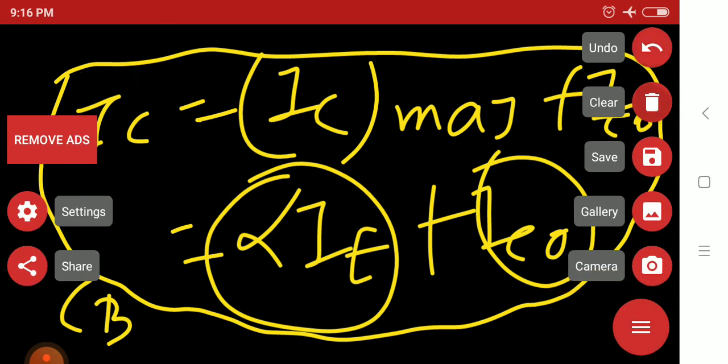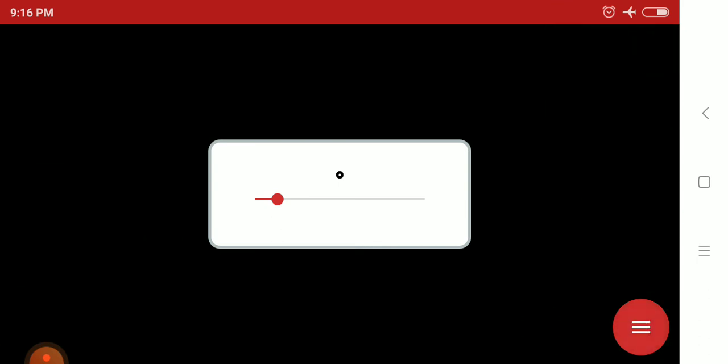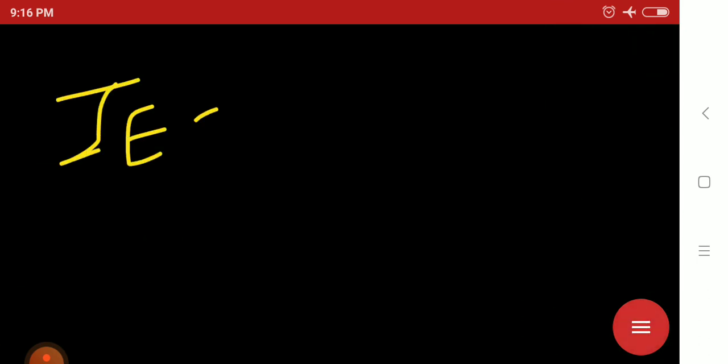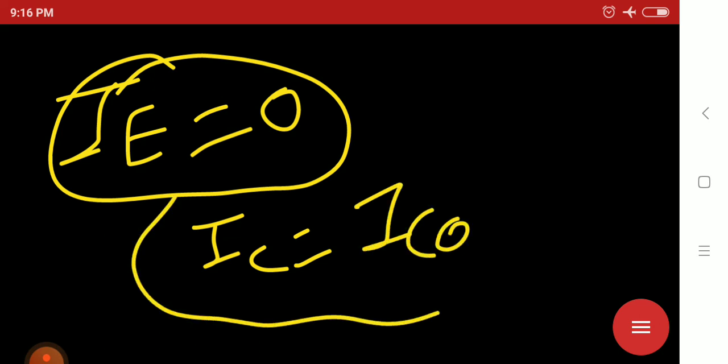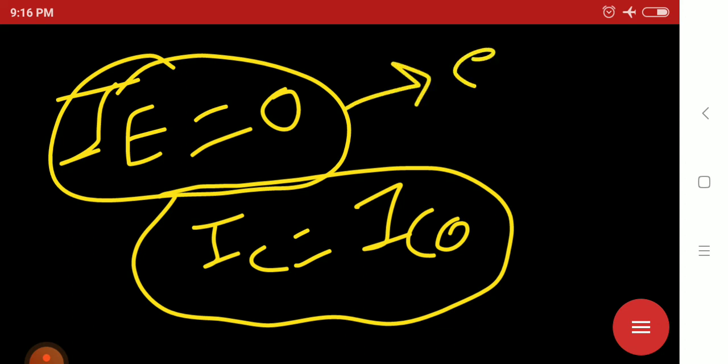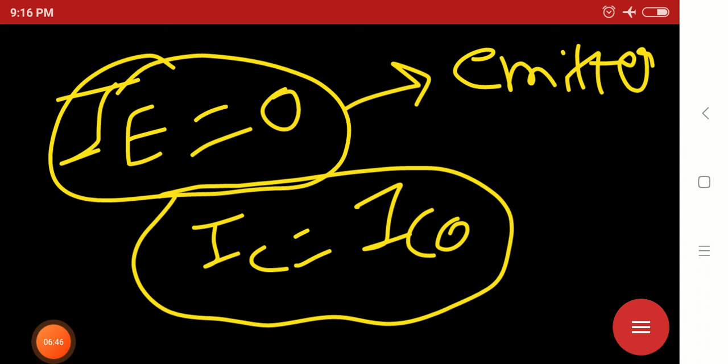Now if you make the emitter current equal to 0, then IC equals ICO. That means when the emitter current is 0, the total collector current will be due to the minority carriers, and that current is ICO, the leakage current.